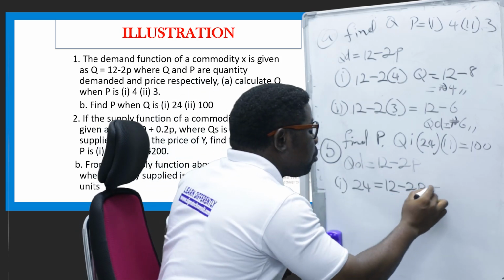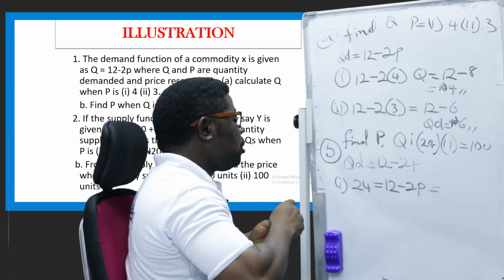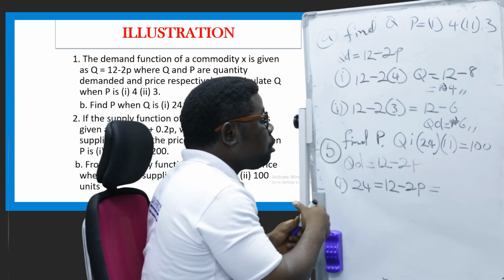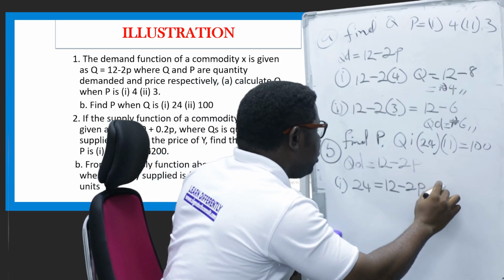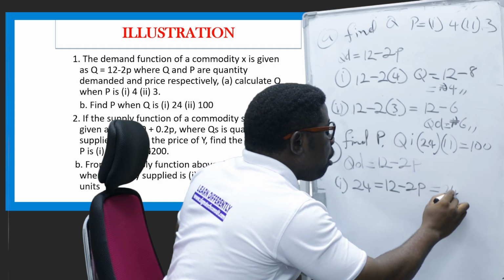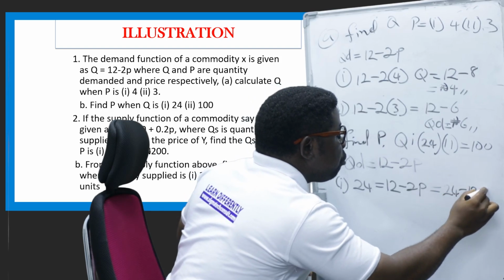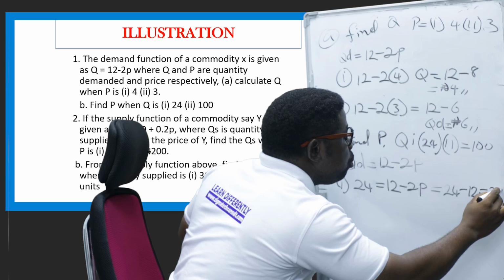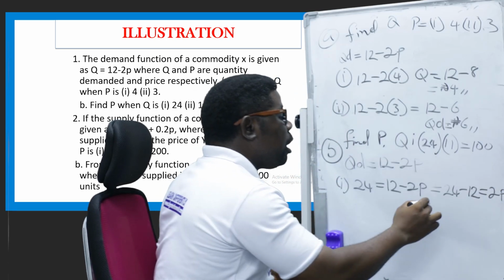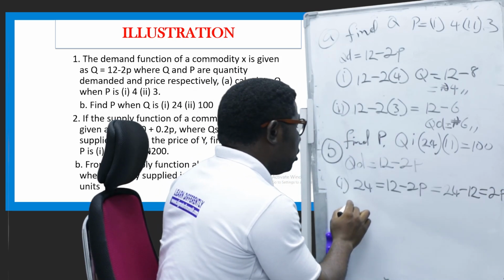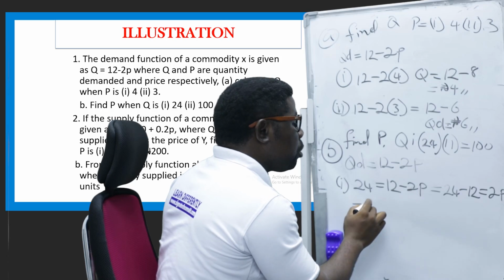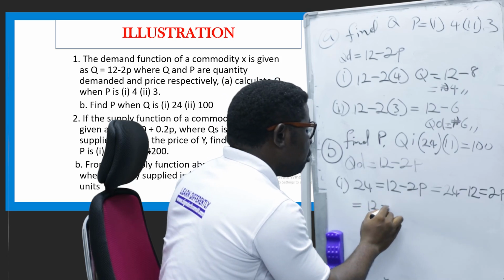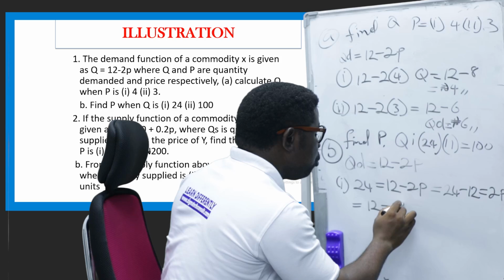So we make P subject of the formula by saying 24 minus 12 is equals to 2P. So we have 12 is equal to 2P.